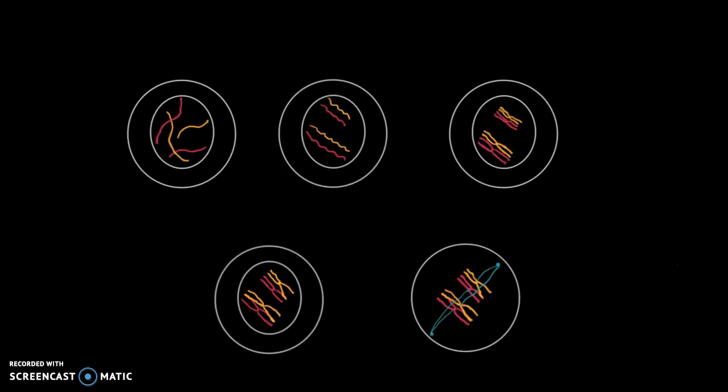So here we have the meiotic prophase I. At the beginning of the meiotic prophase I, the chromosomes can be observed as long single threads unassociated with each other. This part of prophase I is known as leptonema.